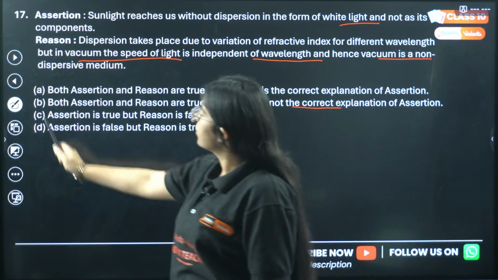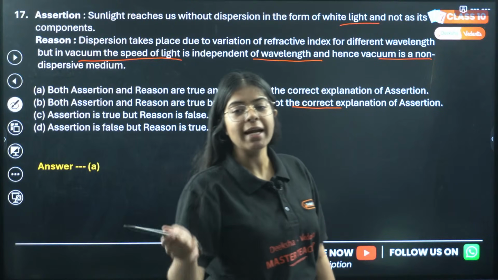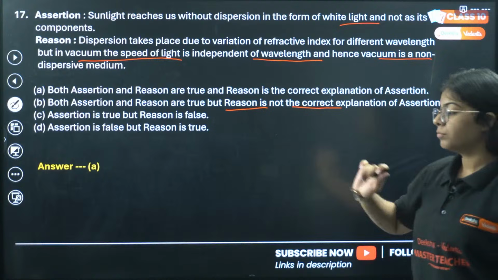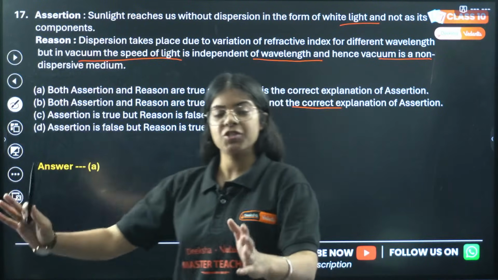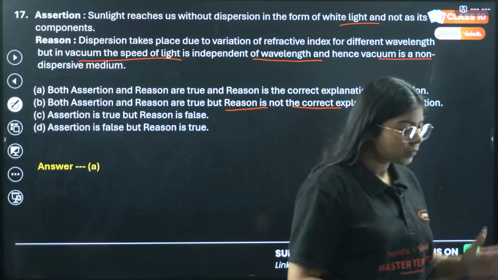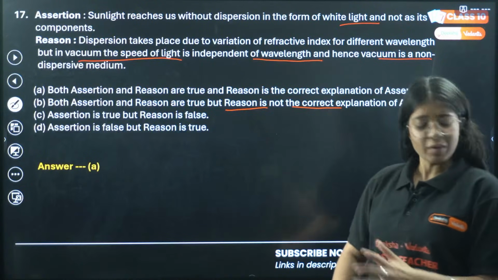The answer, Dipanshu and everyone actually, is A, because it's correct. Sunlight does not reach us in 7 different colors. It reaches us as white light, correct? That is because the vacuum, no, it's actually B. Rupesh is correct. Sorry, no one is correct.